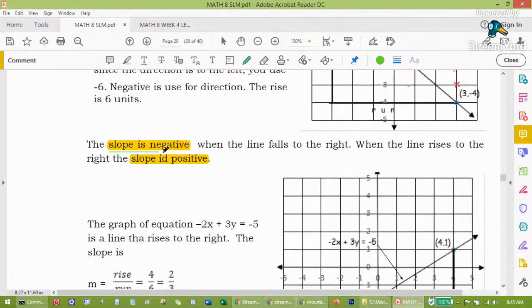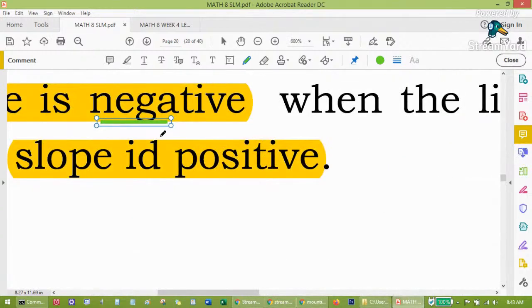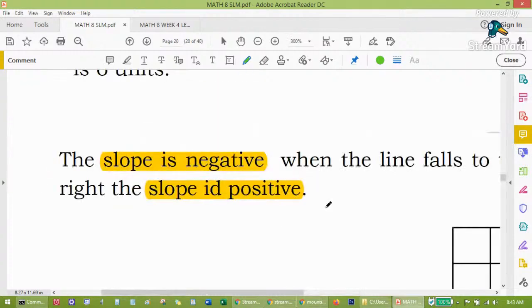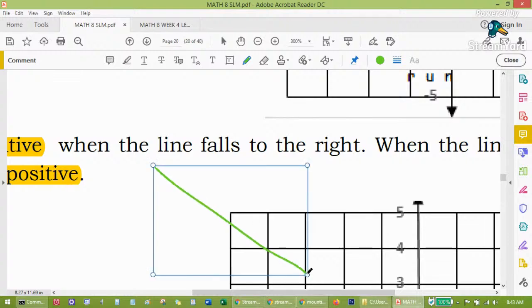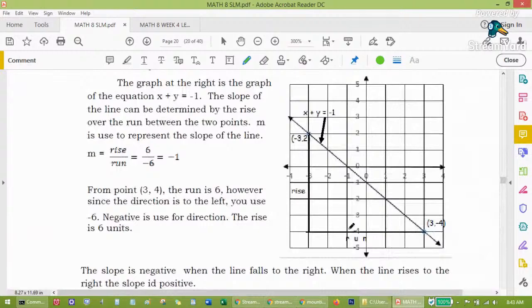So, the slope is negative. Negative daw yung slope when the line falls to the right. So, ibig sabihin, nahuhulog siya papunta sa kanan. That's negative. Kagaya nito.